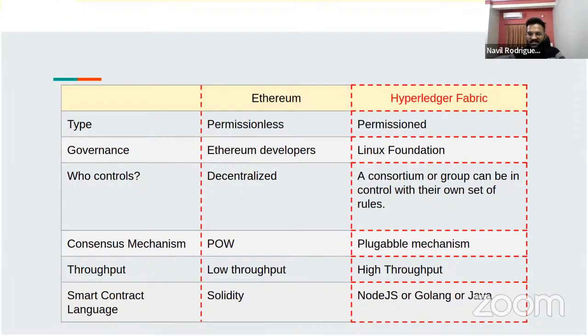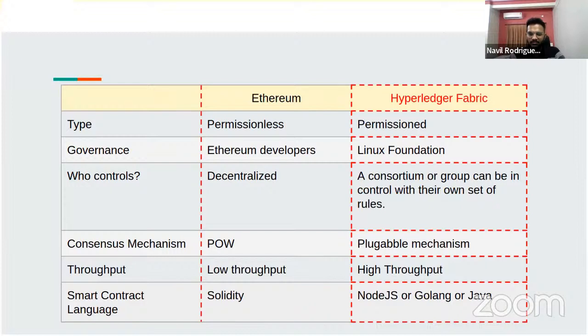Coming to the consensus mechanism, currently Ethereum uses proof of work. Proof of work is basically when a miner in the network has to solve a puzzle in order to record the transactions onto the network.